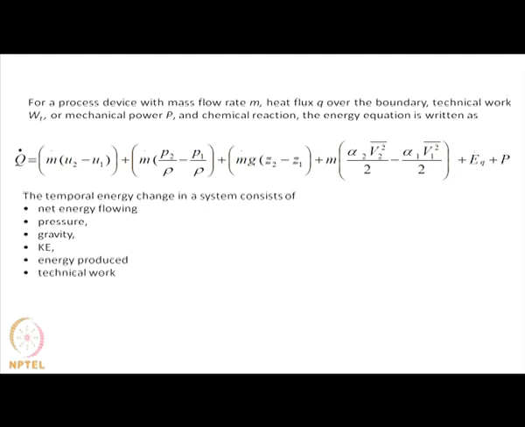It's the work that is being added to the system by a pump or extracted from the system by a turbine. So this equation gives us the complete description of the net energy change, the spatial energy change for a flowing fluid, considering the internal energy, the kinetic energy, the potential energy, the work done against surface forces such as pressure, the heat generated due to, let's say, reactions, and any amount of work that is being done on the system, for example by a pump, or by the system, for example by a turbine.